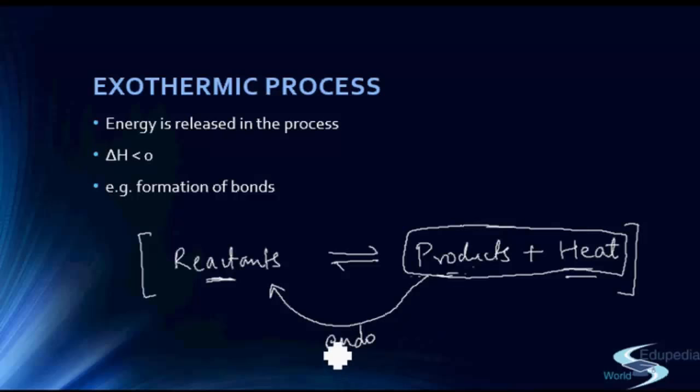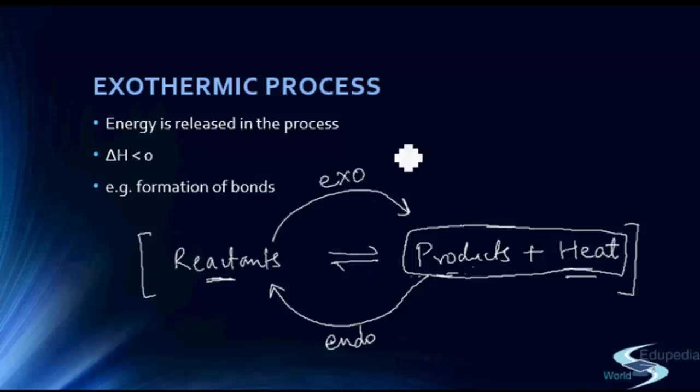So this means a reversible reaction, if exothermic in one direction, is definitely going to be endothermic in the other or reverse direction. This is always true, because exo and endo are essentially opposite, so in one of the directions it is going to be the opposite process in terms of energy as well.